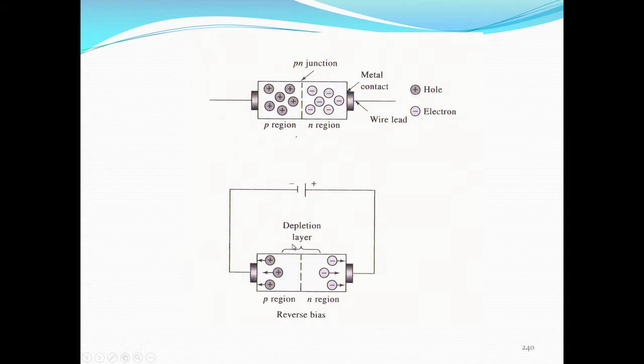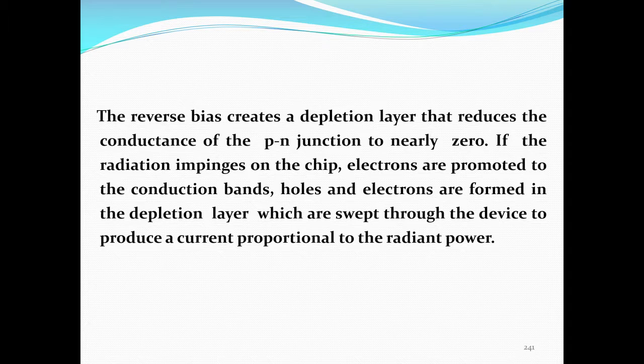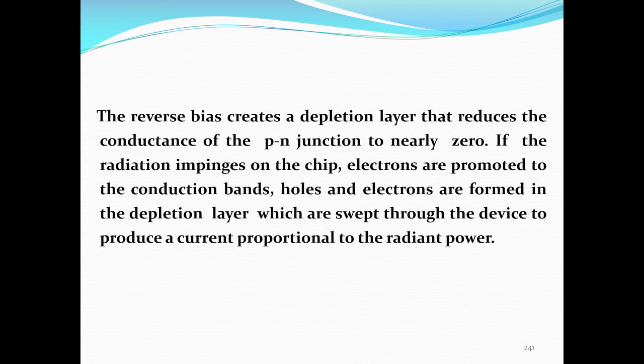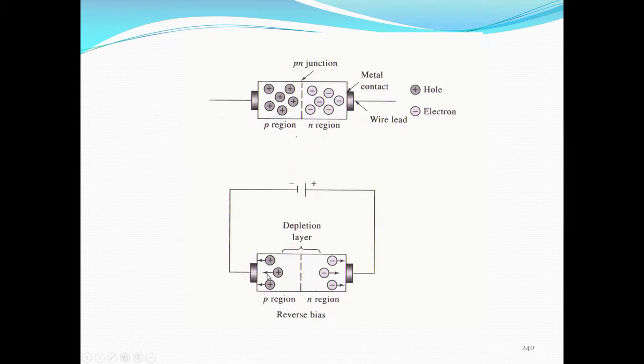Okay. So, the reverse bias, where there is a depletion, is known as reverse bias, and this reverse bias creates a depletion layer that reduces the conductance of the PN junction to nearly 0, because you can see that the region where all the holes and electrons were in the previous figure is no longer there in the bottom figure.